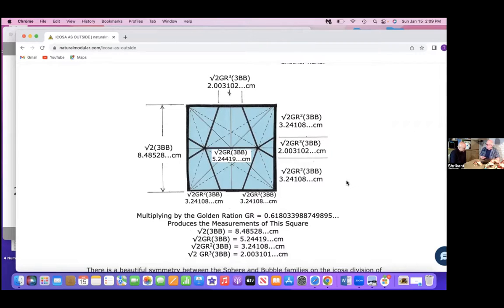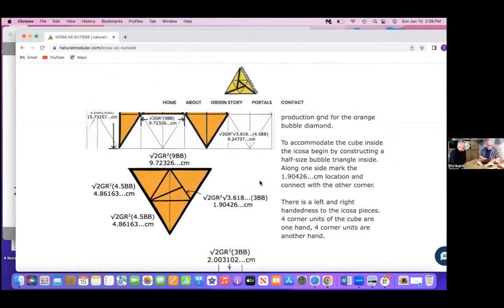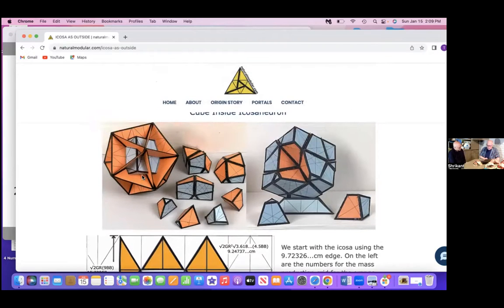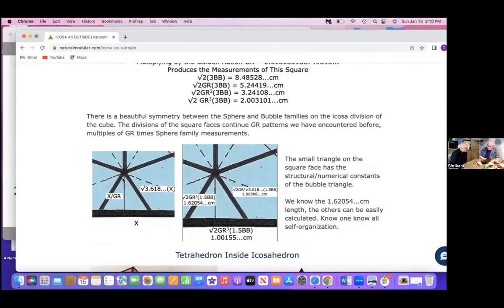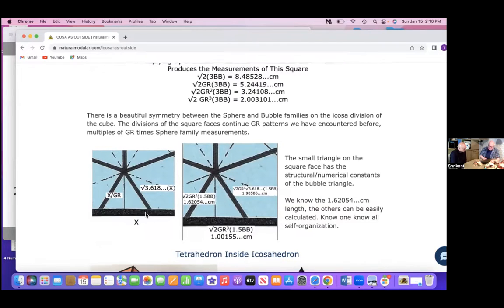It's just this beautiful symmetry of how this cube fits into the icosahedron, and I've never seen a cube and the icosahedron put together. And then even this little guy right here, to know that this triangle is the same proportions as a bubble diamond.